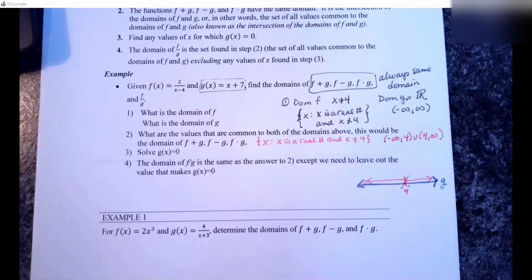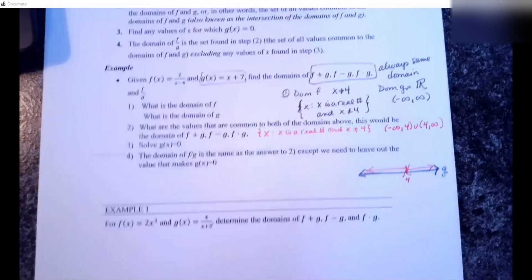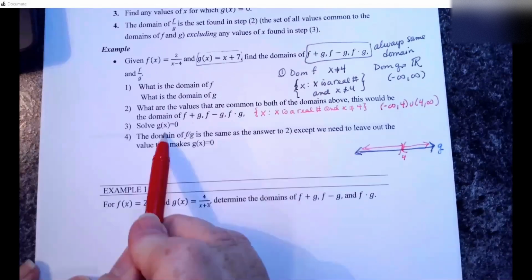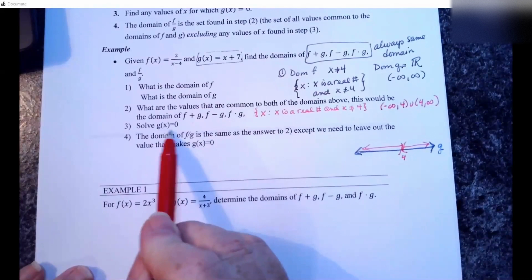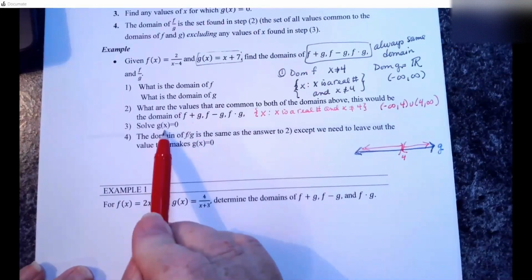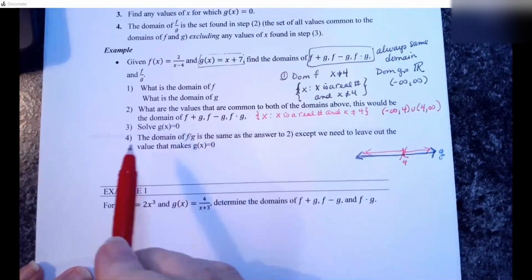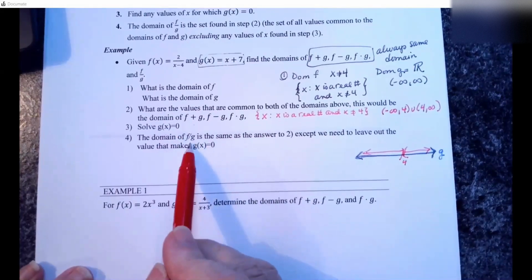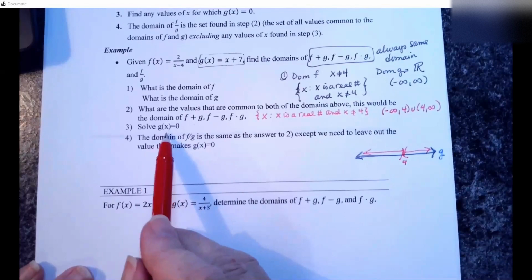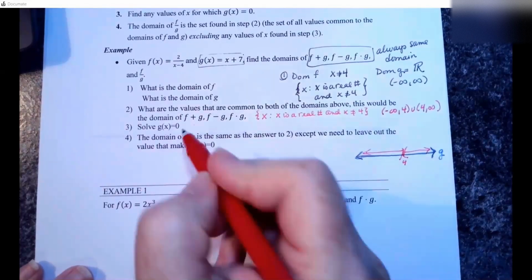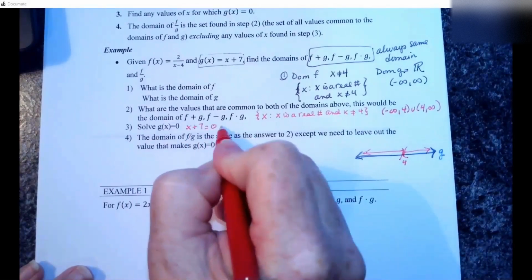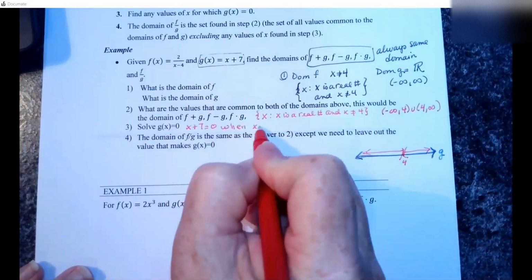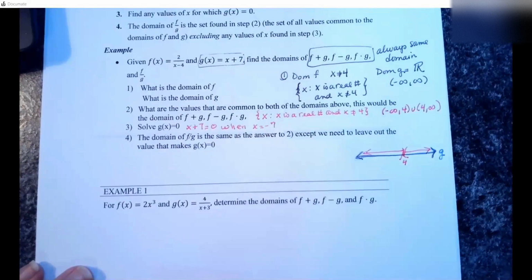All righty. Now, for the domain of F divided by G, we also have to leave out the numbers that make the denominator 0. Since we want to find F divided by G, the G function is the denominator. So we need to know what makes it 0. Well, X plus 7 equals 0 when X equals negative 7.